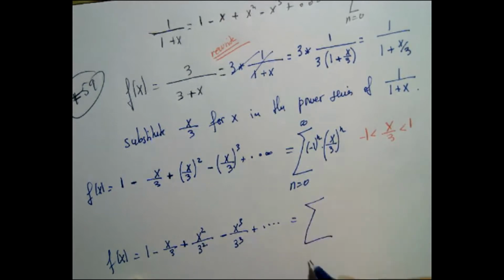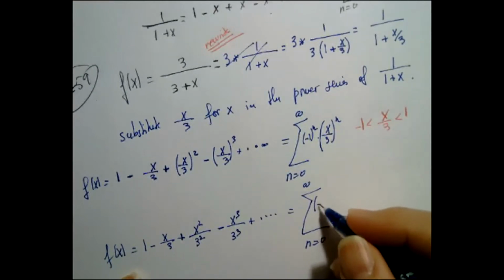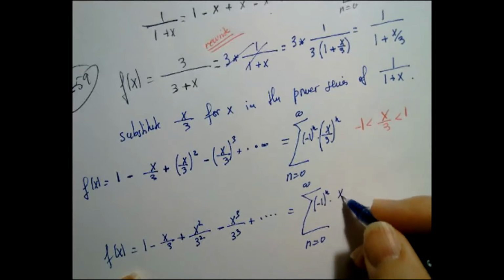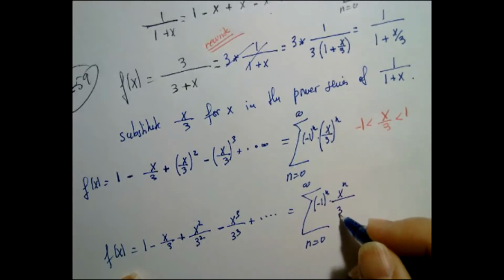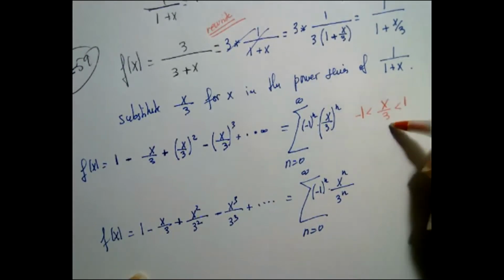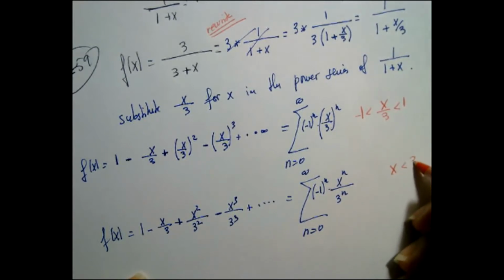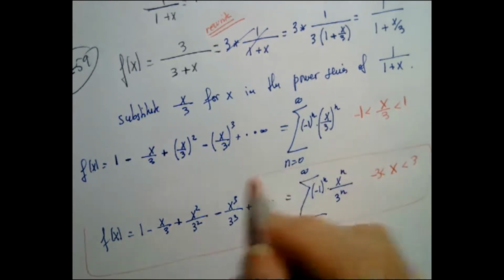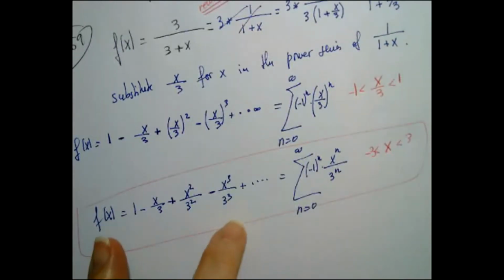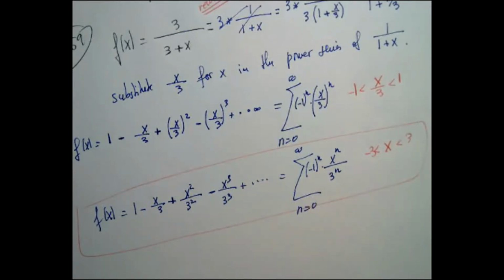This equals the sum from n equals 0 to infinity of (-1) to the n, x to the n over 3 to the n. And now the interval: x over 3 between -1 and 1, multiplied by 3. It means this equality holds if I take x between -3 and 3. It works between -3 and 3 and fails otherwise. Okay.